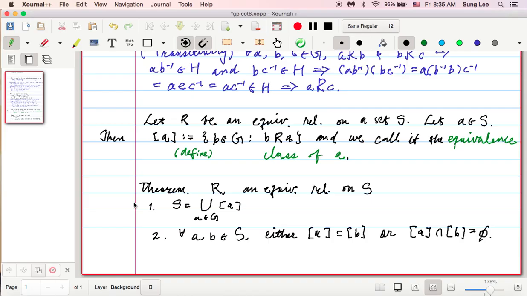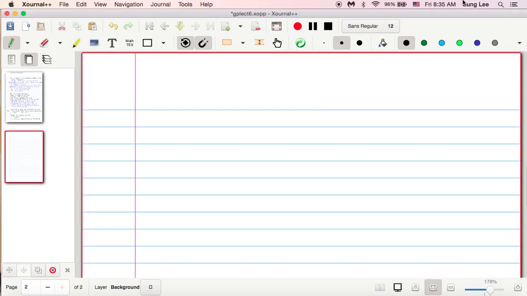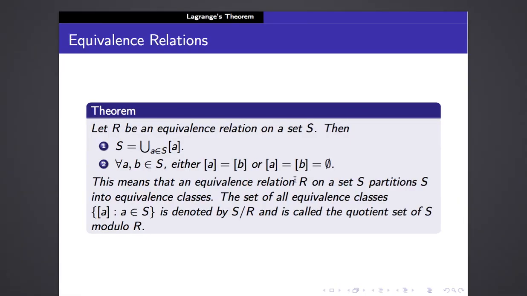I need to move to the next page. By the way, before I prove it, earlier I mentioned the following thing, and you might not have gotten this clearly.